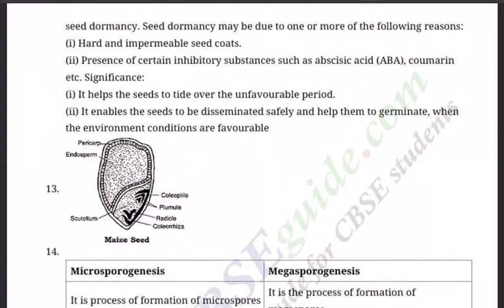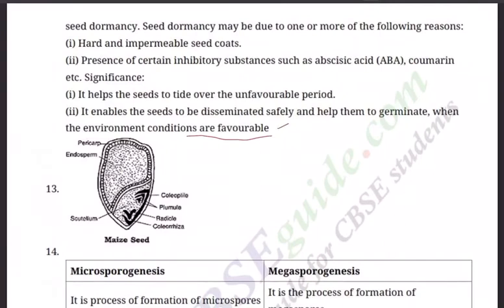Seed dormancy may be due to one or more of the following reasons: hard and impermeable seed coat, sporopollenin, presence of certain inhibitory substances such as abscisic acid, ABA, coumarin, etc. Significance: it helps the seeds to tide over the temporary unfavorable period. It enables the seeds to disseminate safely and help them to germinate when the environment conditions are suitable or favorable.